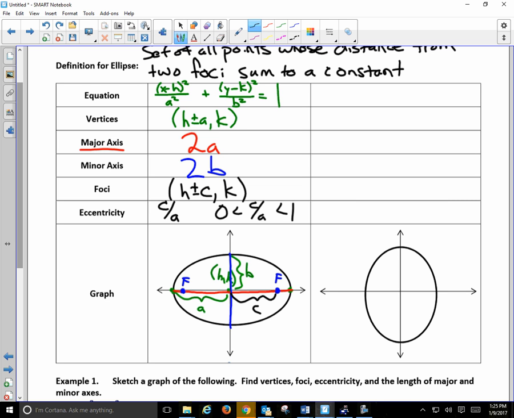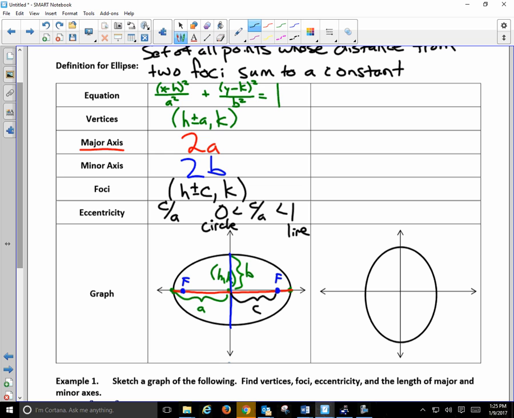If I took this ellipse and continued to stretch it out, what would it look more and more like? Two parallel lines, or eventually one line, right? And if I didn't stretch it out at all, it would just look like a circle. So the closer it is to 0, the more it's a circle. The closer it is to 1, the more it's a line.